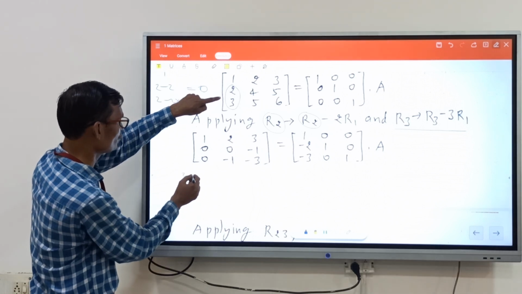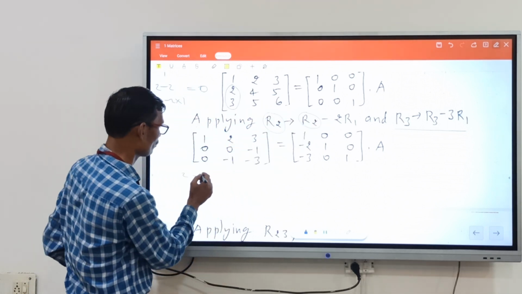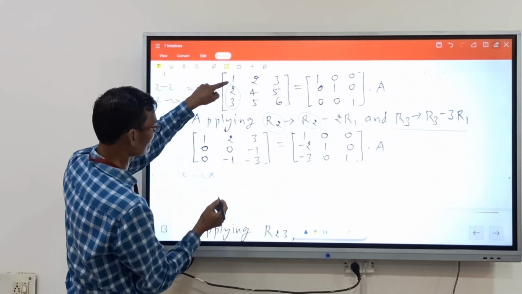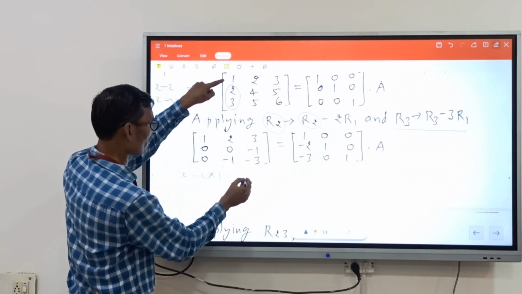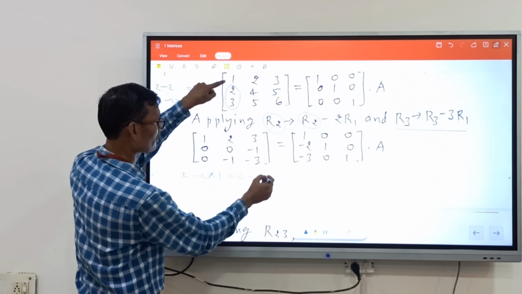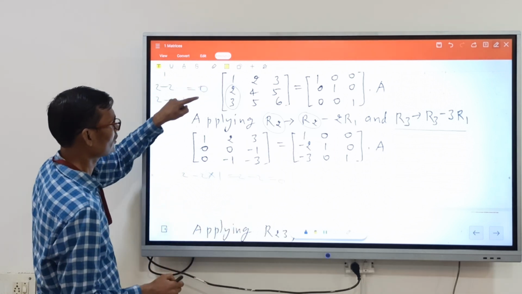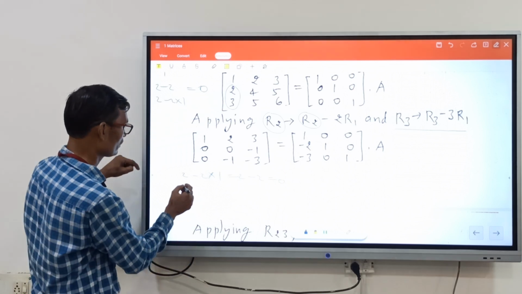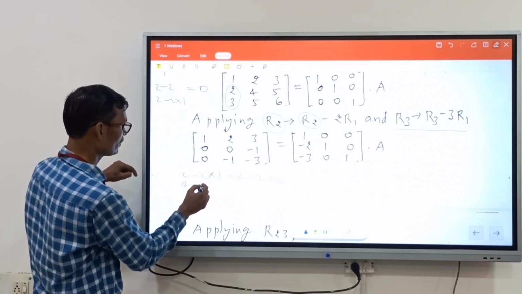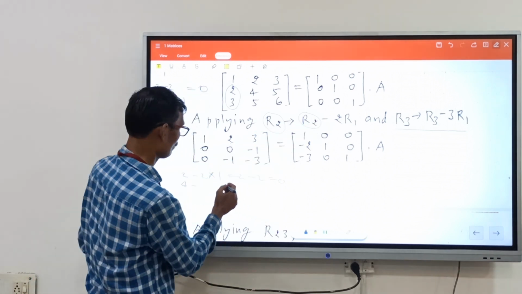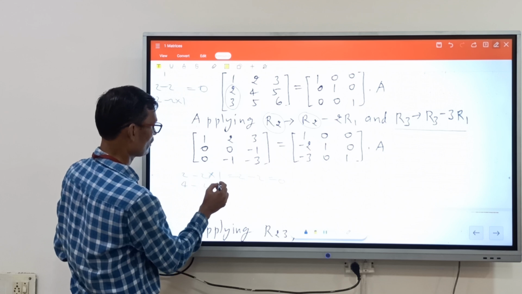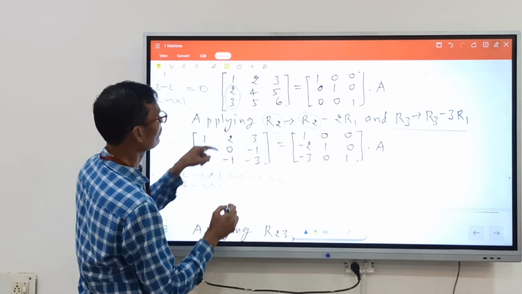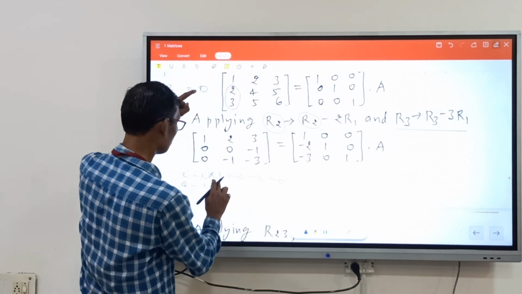R2 means 2 minus 2 into R1. R1 means 1. If we solve it, 0. See, this is 0. Similarly, 4 minus 2 into R1, where R1 here is 2.